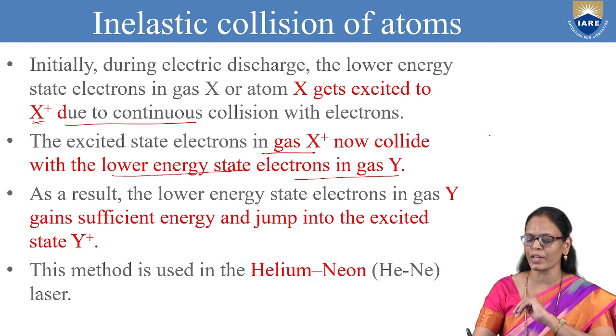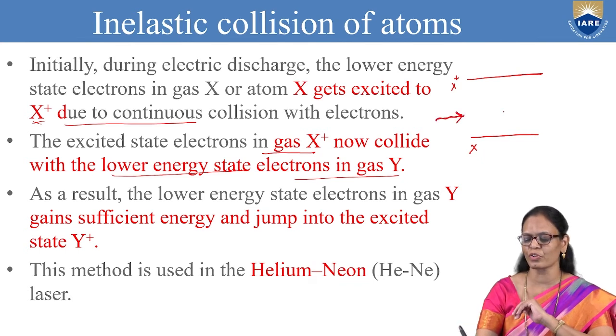Sometimes what happens here is, if you have X and there is X plus, after gaining the energy, they may go to the excited state. And this is Y, where we have certain atoms.